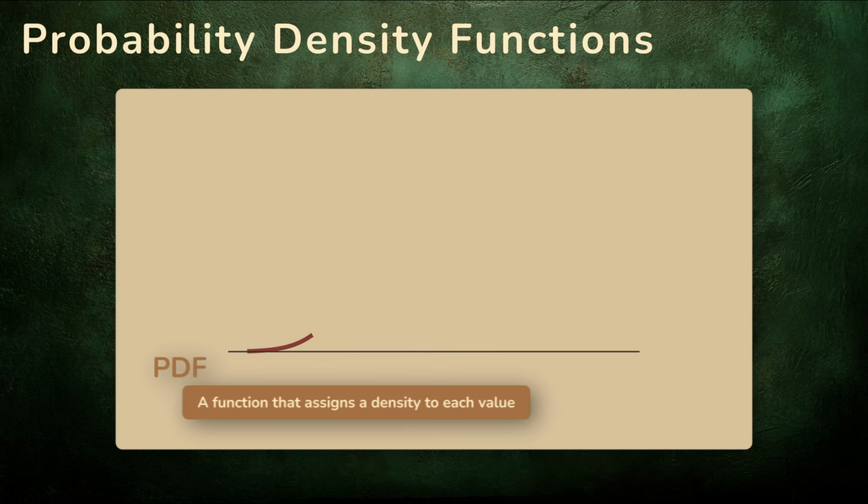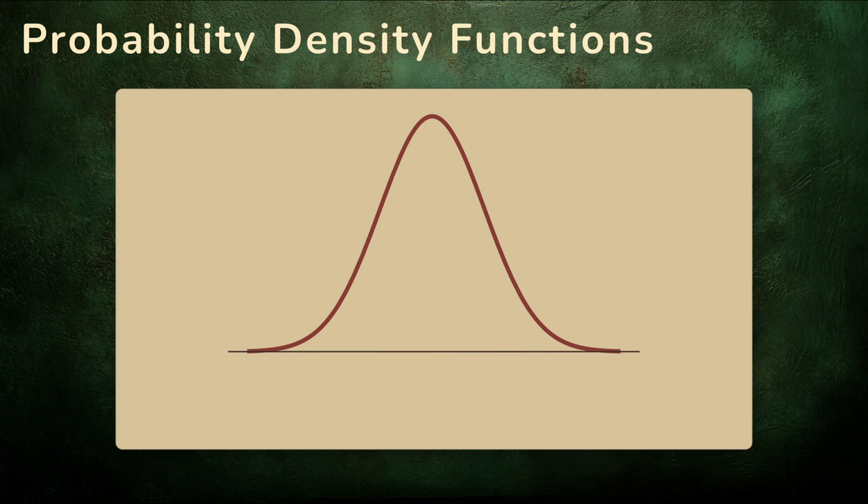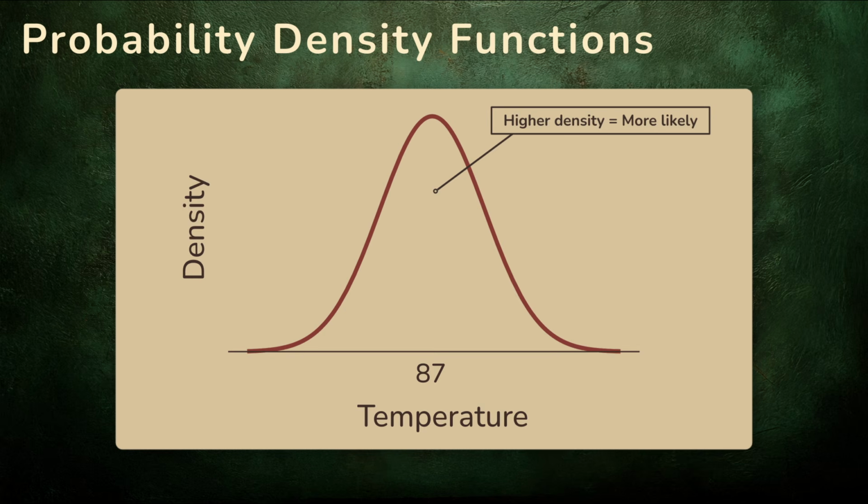If you graph this function, you might get a familiar shape, the bell curve. The horizontal axis represents temperature, and the vertical axis is the density. The peak occurs around 87, the forecast. It has the highest density, which means it's the most likely. That also means temperatures near 87 are more likely than temperatures far away.